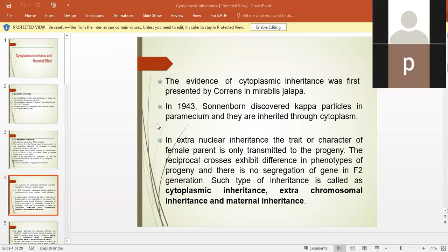That's why, remember, in extranuclear or cytoplasmic inheritance, only the female parent transmits their cytoplasm and cytoplasmic organelles to their offspring. The offspring may be anything, male or female. Whatever cytoplasm you have is from your mother, and your mitochondria, endoplasmic reticulum, ribosomes, all these things come from your mother. From your father only one thing will come, and that is the nucleus.